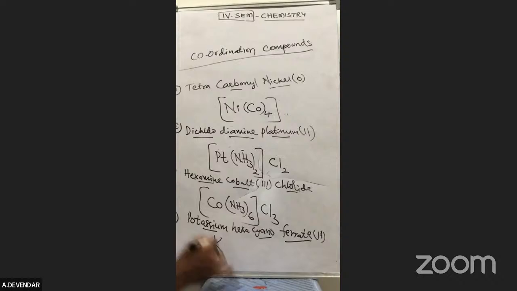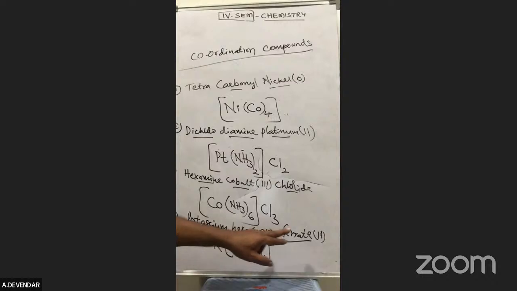Potassium, K. Write the square brackets, Fe for iron. How many cyano groups? CN, hexacyano. What is the oxidation state of iron? It is 2. Actually, if you are not putting any number here, each cyanide is -1, which means -6, so iron would be +6, but it is given as 2.